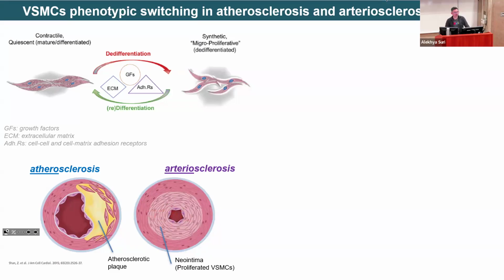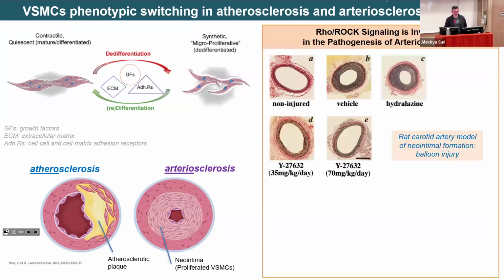And that process is called neointimal formation. So it happens that if you give Rho kinase inhibitors to rats that have suffered injury in their blood vessels, inhibition of Rho kinase actually prevents the progression of this pathological state.